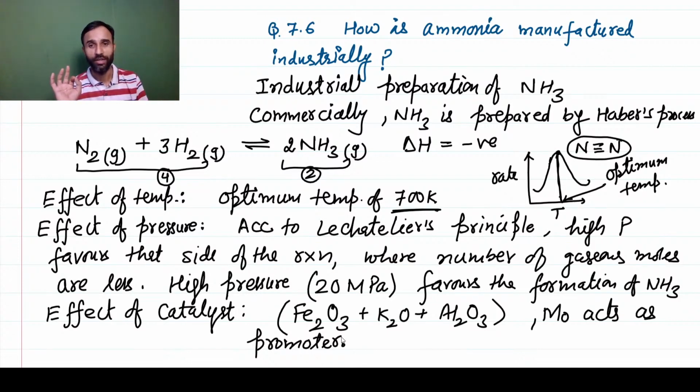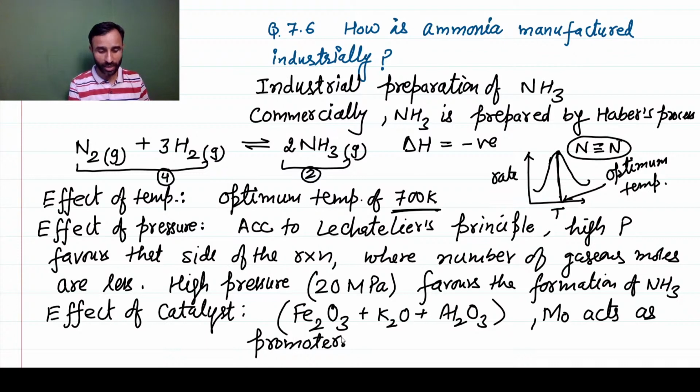A promoter has a role only if the catalyst is present. It does not affect the reaction directly. It enhances the activity or efficiency of the catalyst, which in turn increases the rate of reaction.